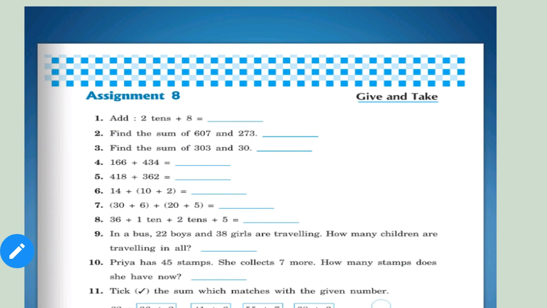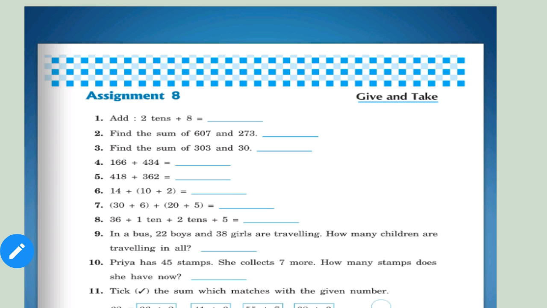Yesterday we did some worksheets based on our first chapter, that is number and number names. Yesterday we revised place values, expanded form, number names and the things that we have studied in our first chapter.